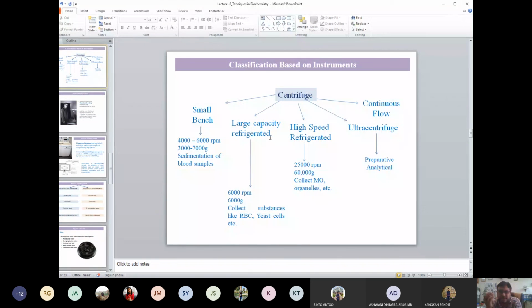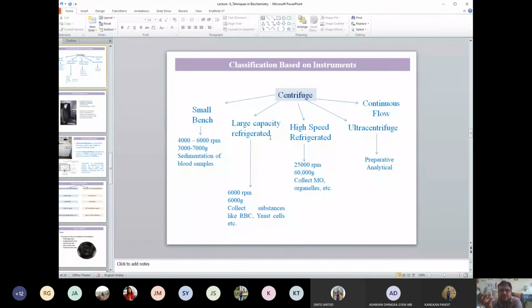So that was one classification based on the sample volume and the speed which we are going to use. There is another classification of centrifugation which is based on the instrument which you are going to use. Based on the instrument, I think in your lab many of you have seen different types of centrifuges.